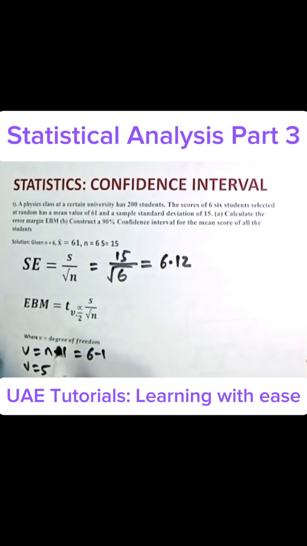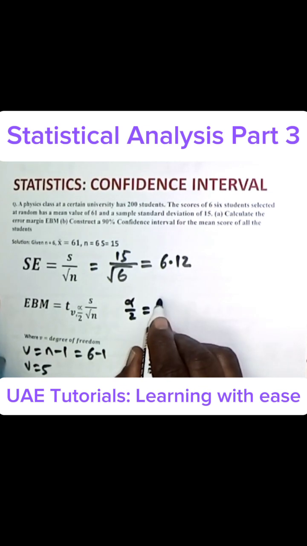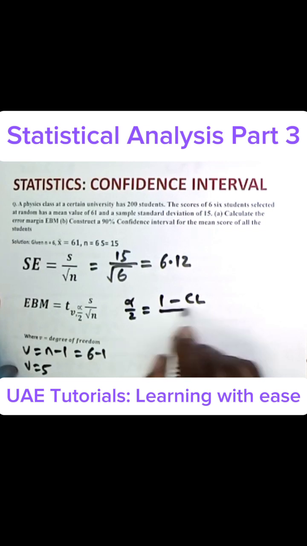For the alpha over 2 that we're seeing here, the one-tail alpha value is given by alpha over 2 equals 1 minus the confidence level, all over 2.